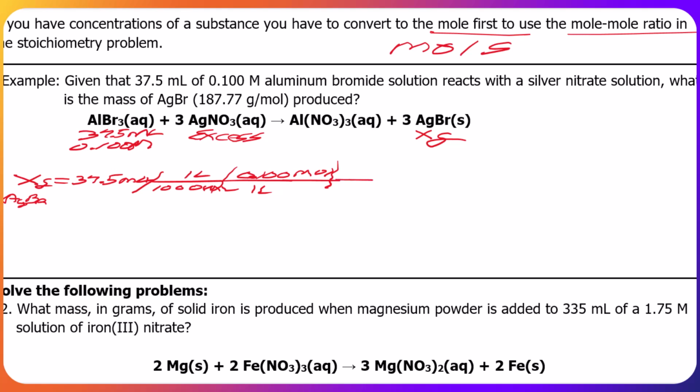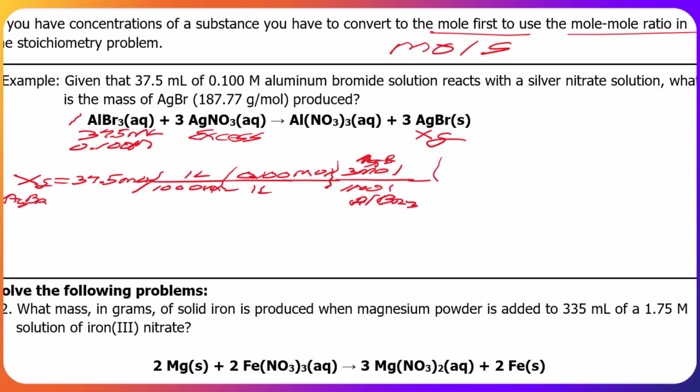Now we have the mole-to-mole ratio. So I look at the coefficient of aluminum bromide, which is 1. I look at the coefficient of silver bromide, it's 3. So this will be 3 moles of silver bromide, and then 1 mole of aluminum bromide, which is AlBr3.